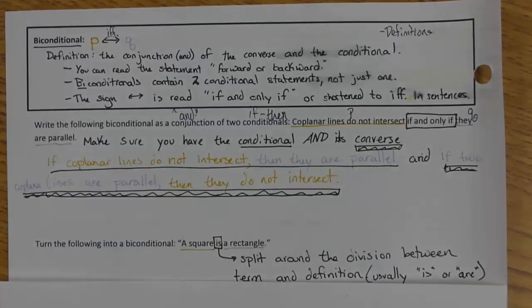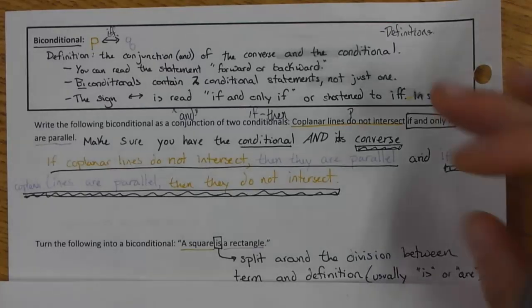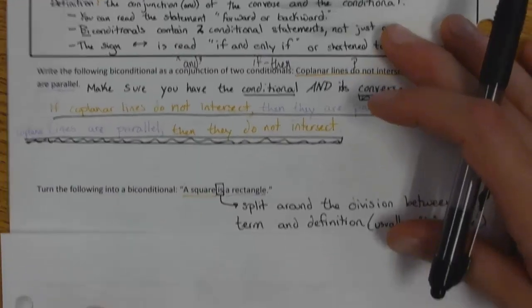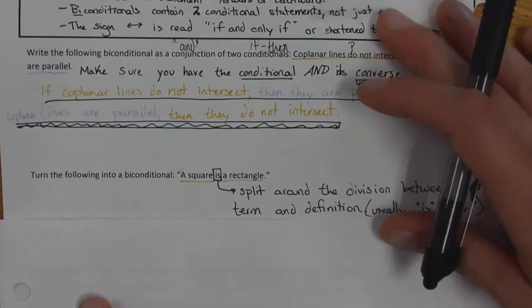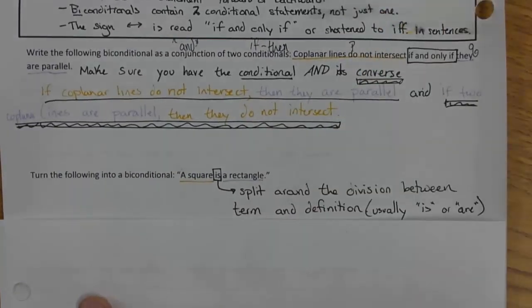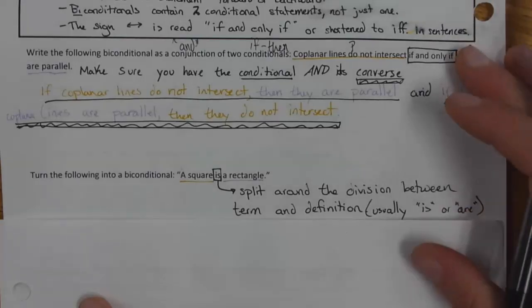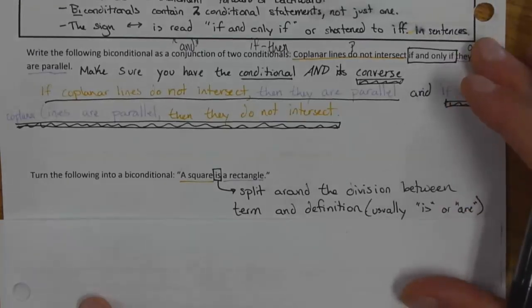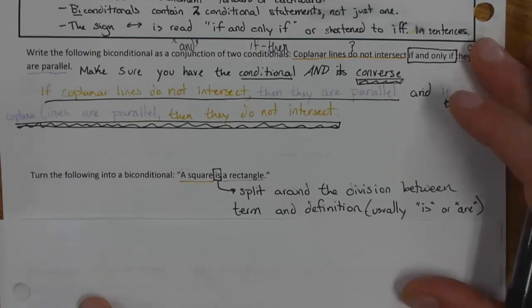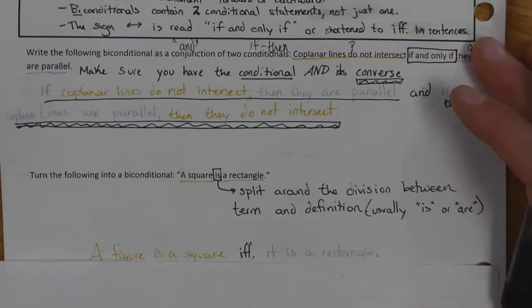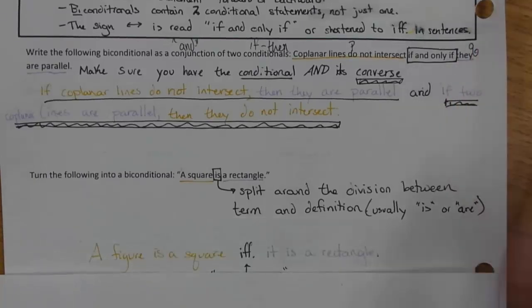You will have to make it make sense. So for instance, here, if I just said if a square then a rectangle, that means nothing, right? That's just a jumble of words. So turn it into a statement. Usually we're going to do this with something like a figure, if a figure is a square, or if something is a rectangle.